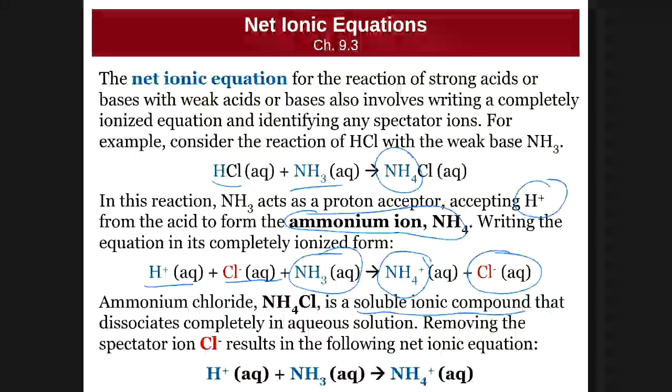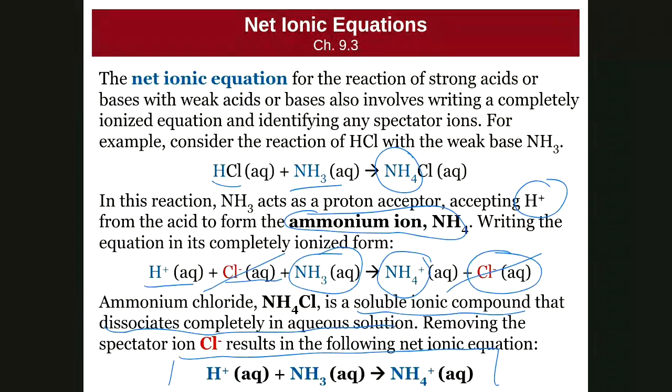So even though chloride is not always soluble, ammonium chloride is because it contains the ammonium ion. So it dissociates completely in solution, and we see that chloride ion looks the same on both sides of our equation. So chloride is a spectator ion, which we remove from our equation. And our net ionic equation for this reaction is a proton plus ammonia equals the ammonium ion.